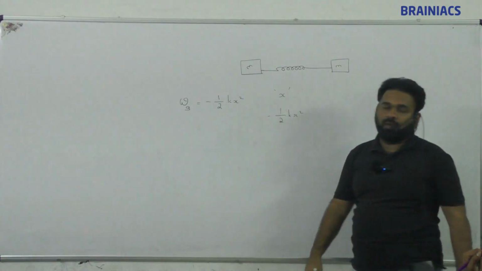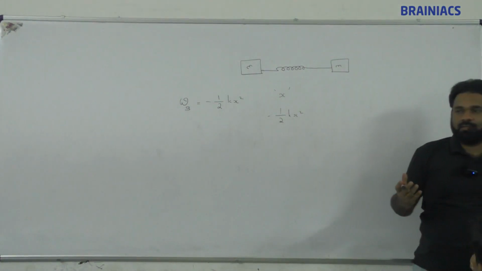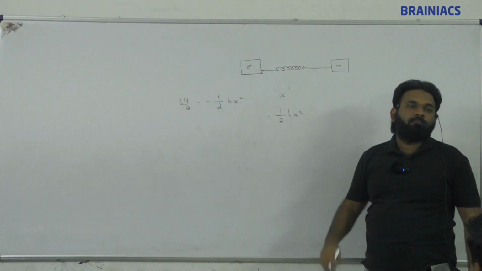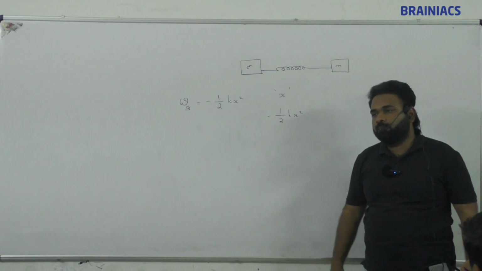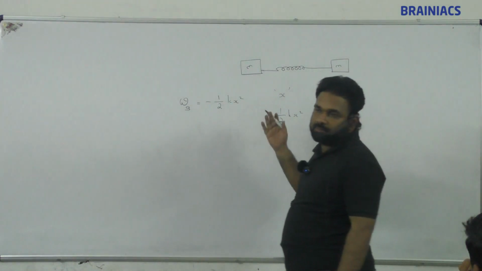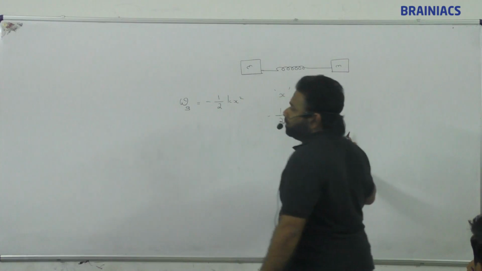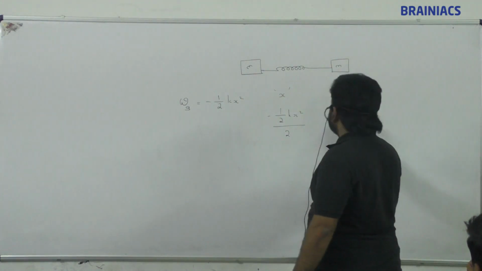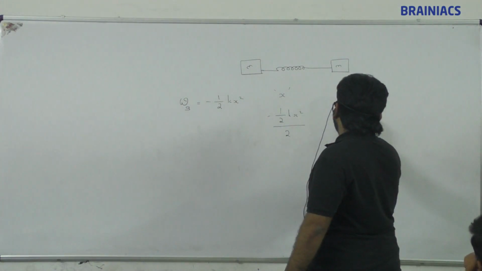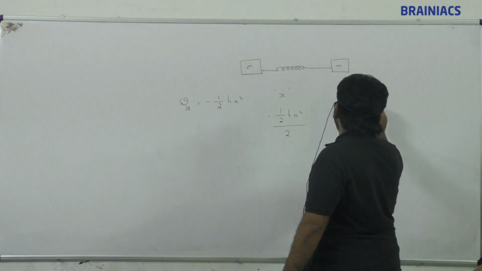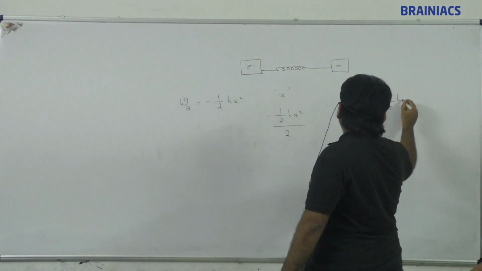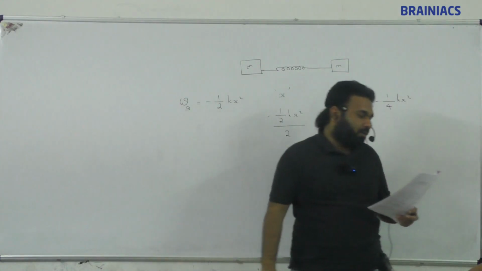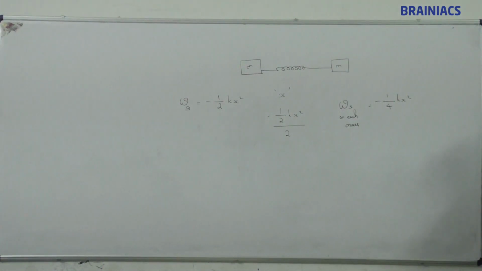If they ask what is the work done by the spring on each mass, we divide this by 2, simply energy. So the work done by the spring force on each mass will be nothing but 1/4 k x square, and minus, since it is the spring. So the work done by the spring on each mass will be minus 1/4 k x square. That's it.